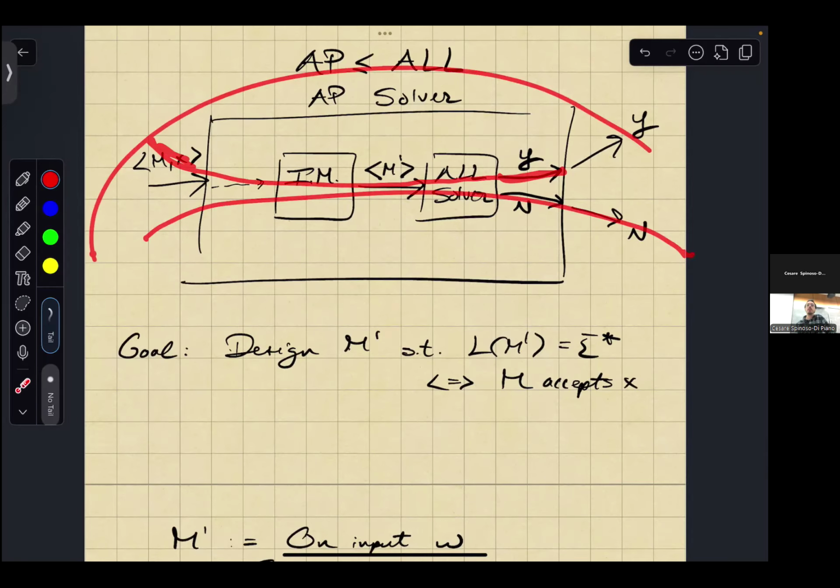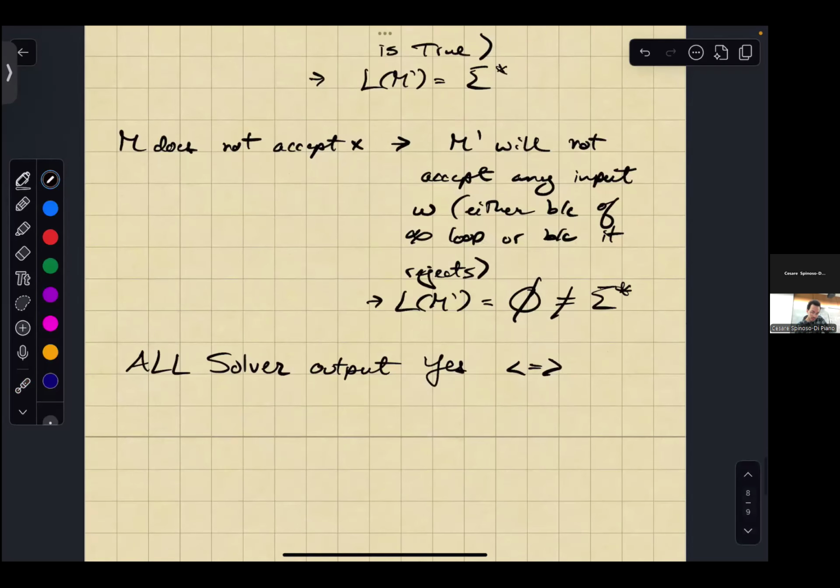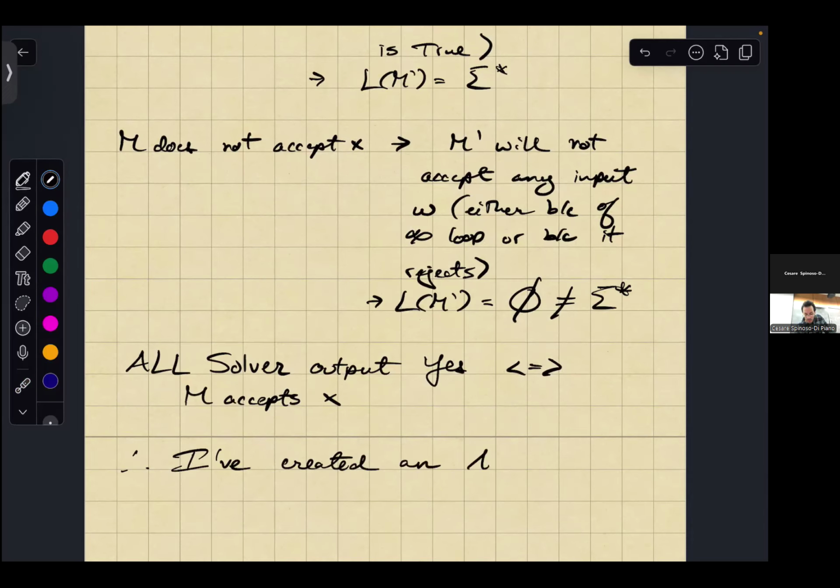So that means that I have an AP solver, which implies that M accepts X. Therefore, I've created an AP solver using an all solver, which implies that I do have that AP reduces to all.